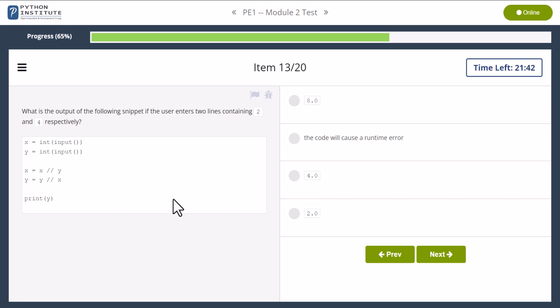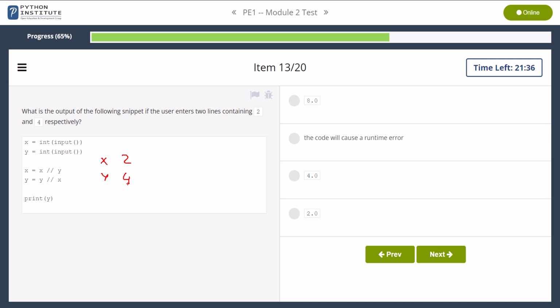What is the output of the following snippet if the user enters 2 lines containing 2 and 4 respectively? Okay, let's again track the values. So we have x as 2 and y as 4 as integers. X equals x integer division by 4.